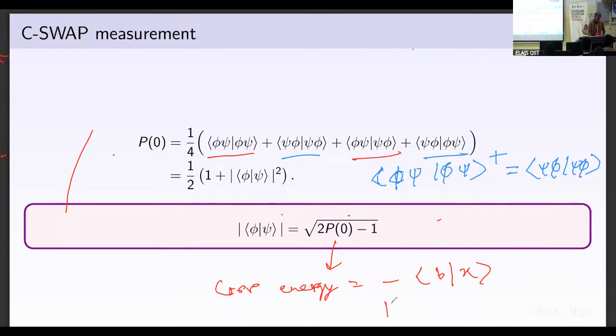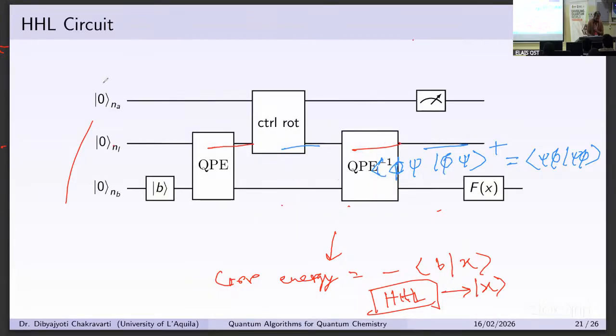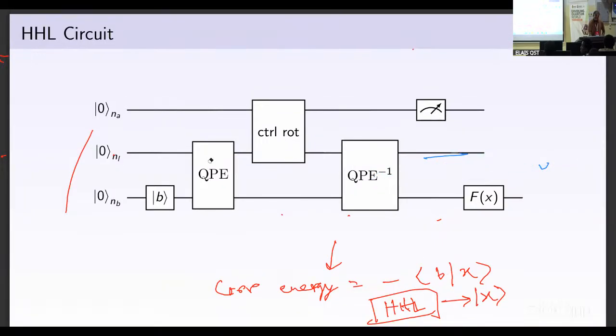So if you remember, we did HHL. The output from HHL was X. So with the HHL circuit that we had, to apply HHL to the chemistry problem, what we have to do here: in this register, we had X. We take another register here, say I'm calling it M. I load the vector B here again.